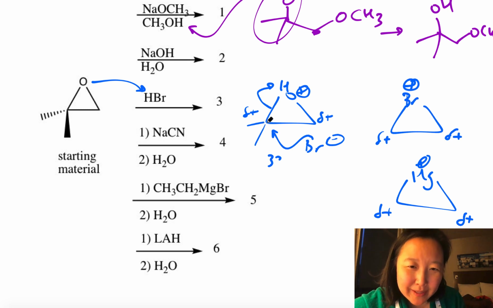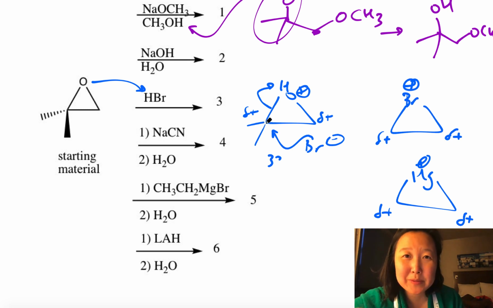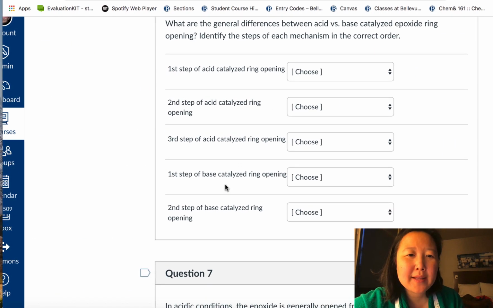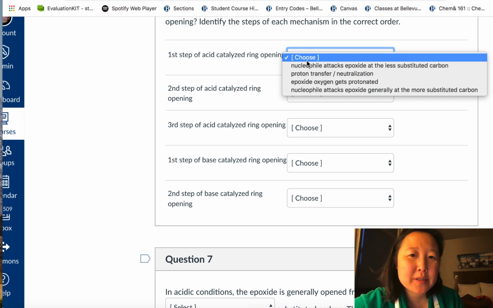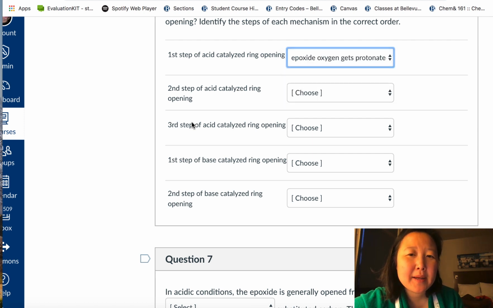Because you're stabilized by induction, having more carbon groups around donates more charge in to stabilize that positive charge. So I want you to sort of think of these all as being the same. So that has to do with the mechanism here. So I'll just give you a clue there.